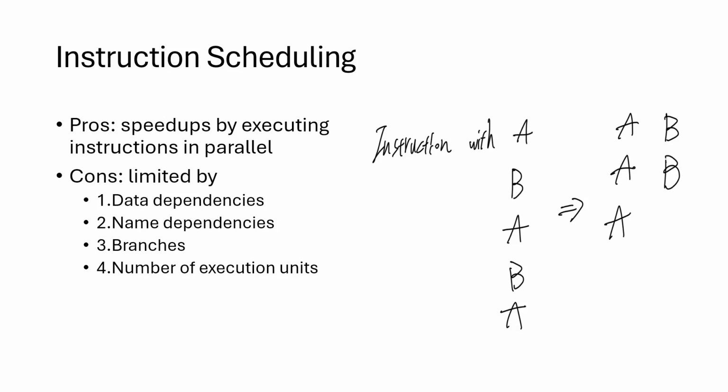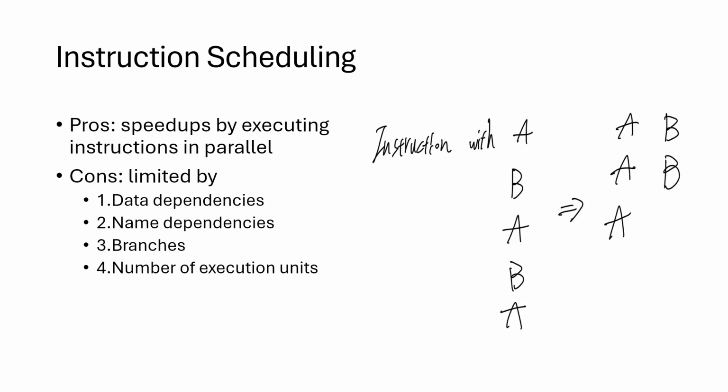So the advantage of using ILP is that we can obviously speed up execution by running instructions in parallel, but we still have some disadvantages in ILP. For example, we still have to face the dependency in the data and the name.